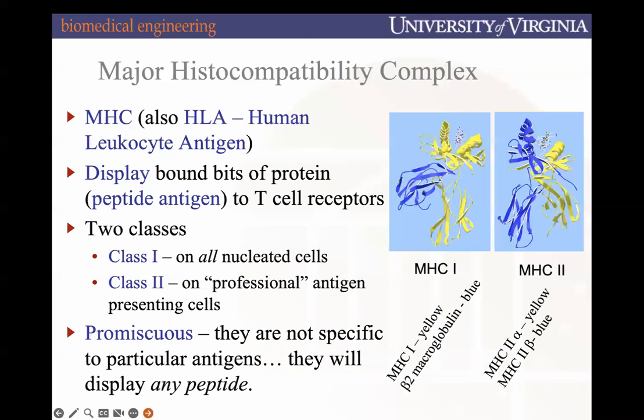And this is, again, really promiscuous, and they'll be displaying any peptide that they've engulfed, for antigen-presenting cells on MHC class 2, or anything that's being internally processed within our normal healthy cells on MHC class 1.